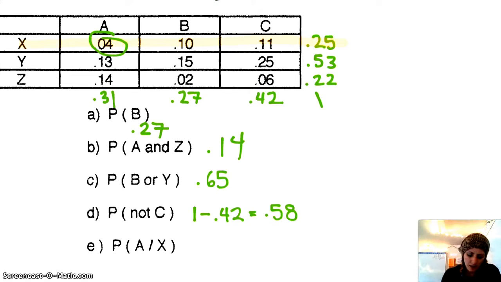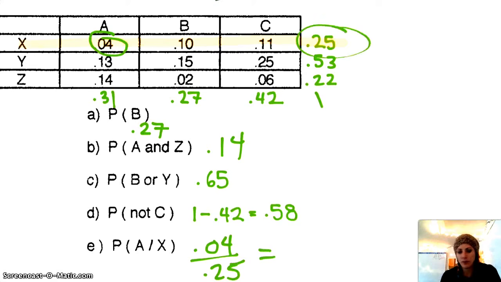So that's 0.04 divided by 0.25. You're given that X is true, so 25% of the time, and what percent of that is A occurring? 0.04 divided by 0.25 is 0.16. So that would be E.